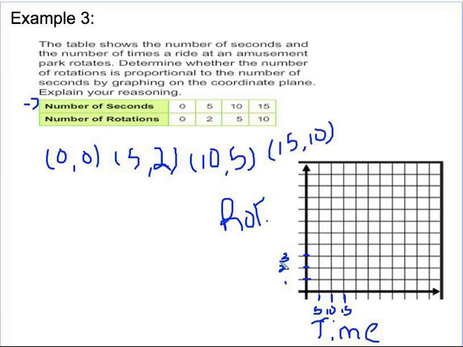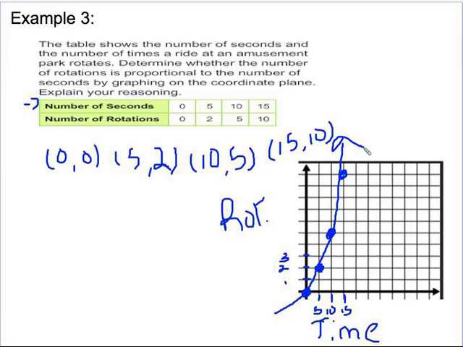Okay, I've got a point at 0, 0. I've got a point at 5, 2. I've got a point at 10, 5. And I've got a point at 15, 10. If I take a look at these values, even if I were to take a ruler, the ruler wouldn't go straight through. This relationship is actually going to curve.